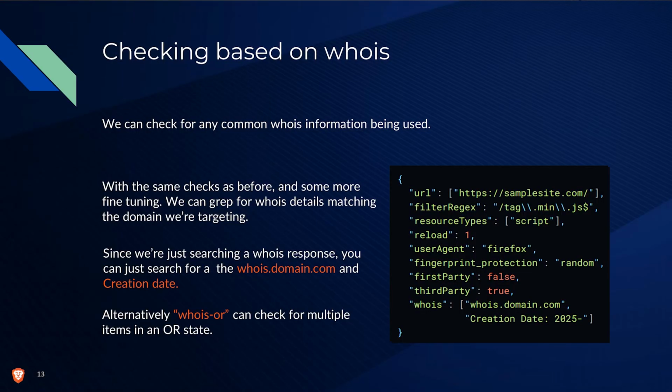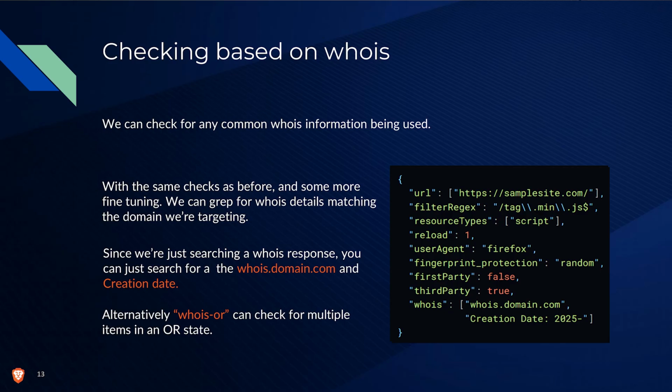So in this case, we can check the whois of this. So we'll do a whois on anything that's got tag.min.js, and then as long as it's matching the whois domain and the creation date, you can then know that you've got the right site. That said, though, you can do whois "or", which you can combine, say, creation date of 2025 or 2024. So basically, you can search for multiples in the whois as well.